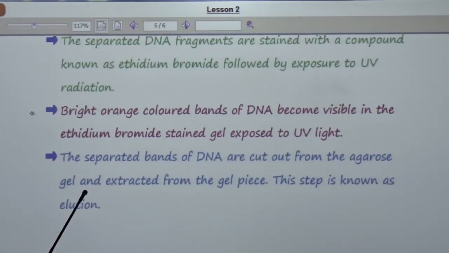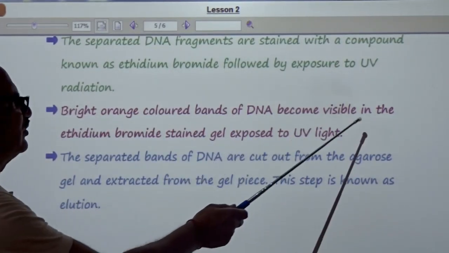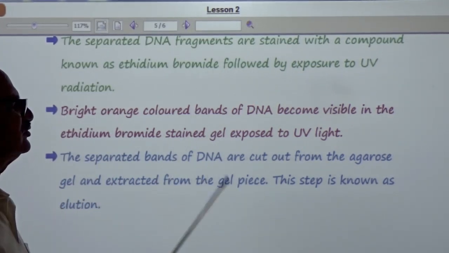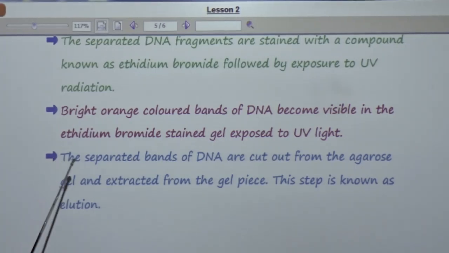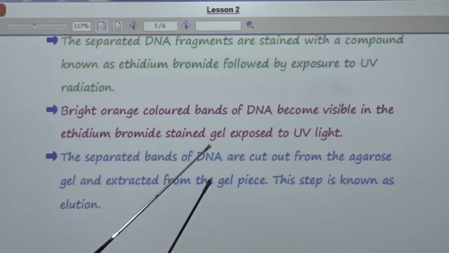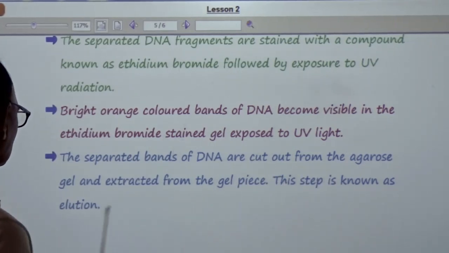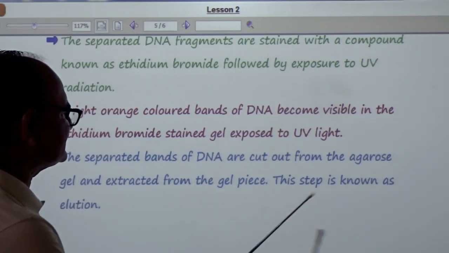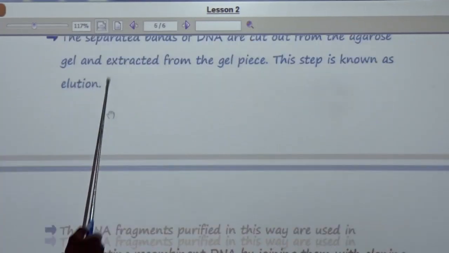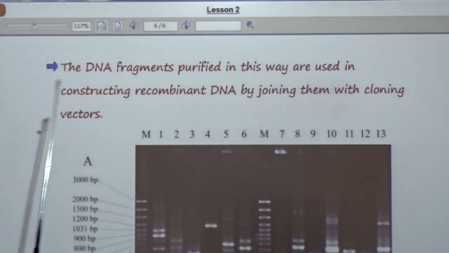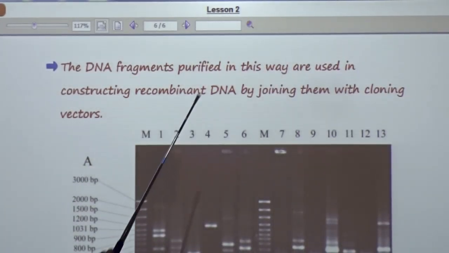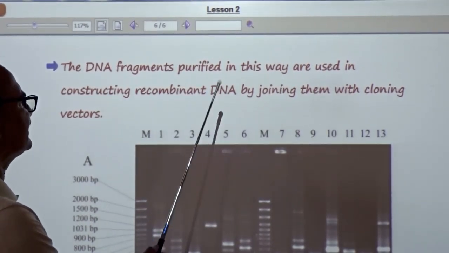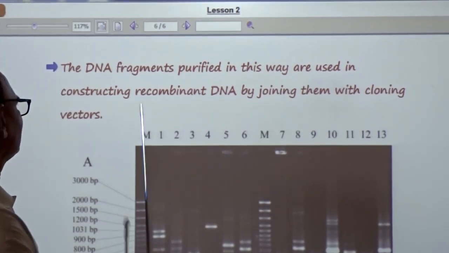Bright orange bands of DNA become visible in the ethidium bromide stained gel exposed to UV light. The separated bands of DNA are cut out from the agarose gel and extracted from the gel. This step is known as elution. The DNA fragments purified in this way are used in constructing recombinant DNA by joining them with the cloning vector.